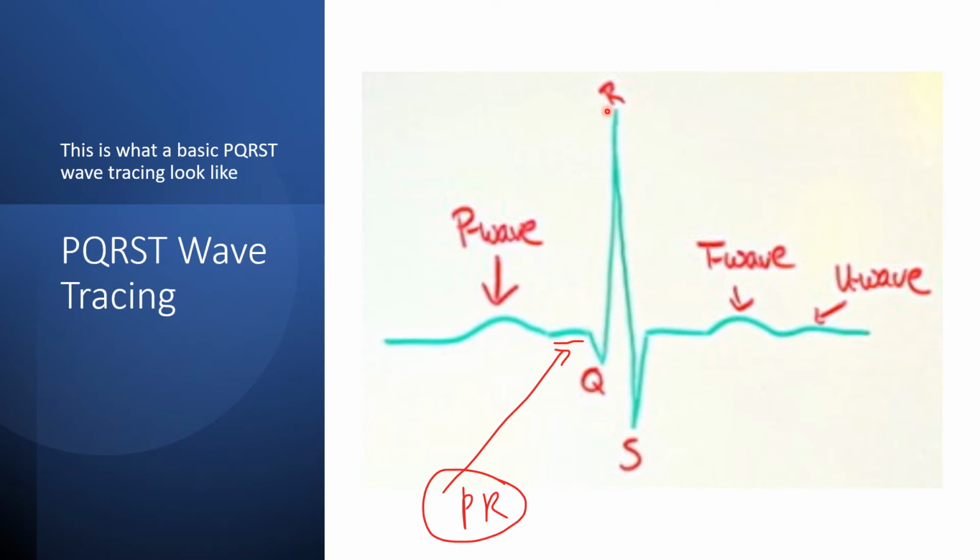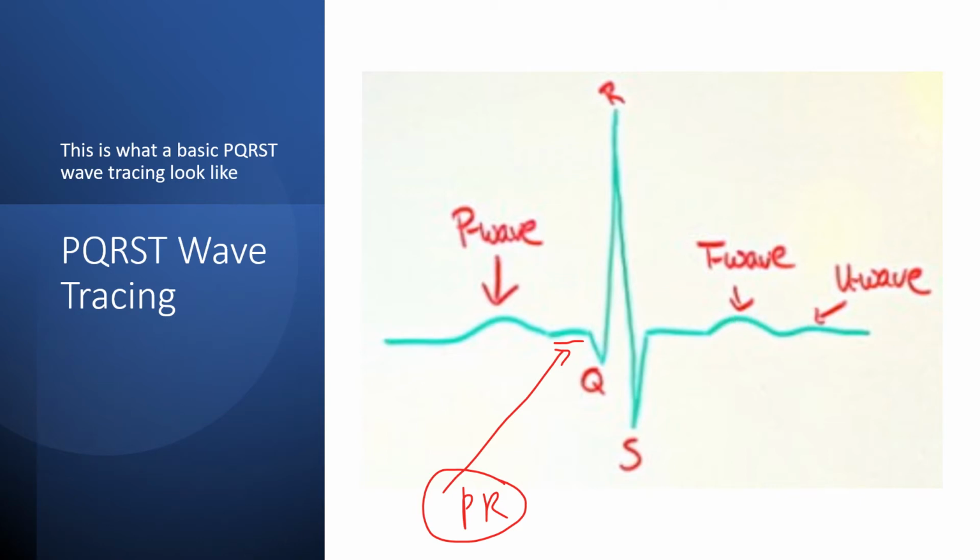Your QRS is your ventricle contracting. And then, of course, your T wave is the repolarization. So your little atrium is giving that little hump. Your large ventricles is giving you that high rise. And then you have your T wave, which is your relaxation.